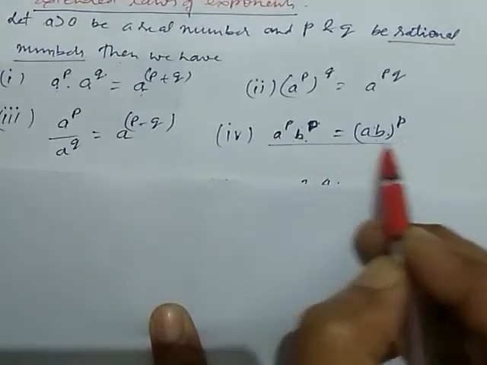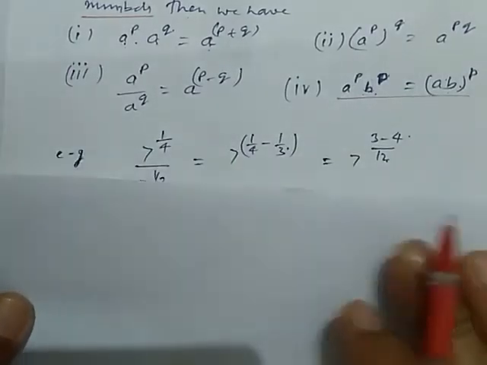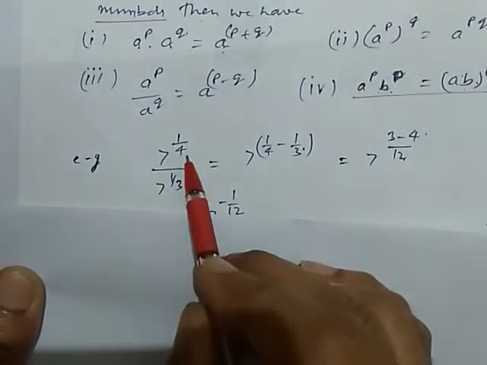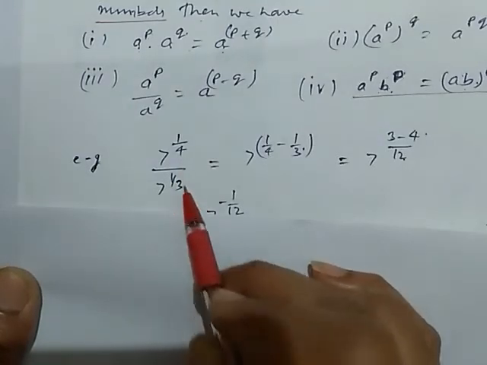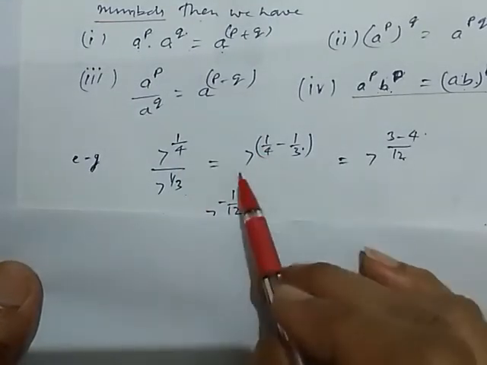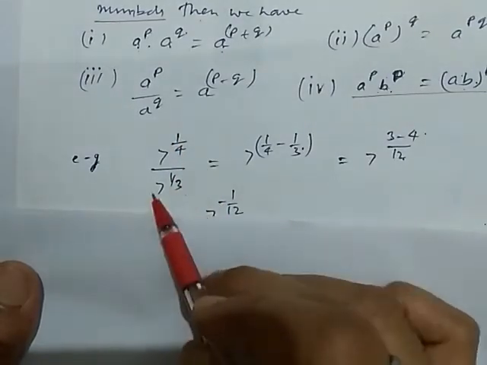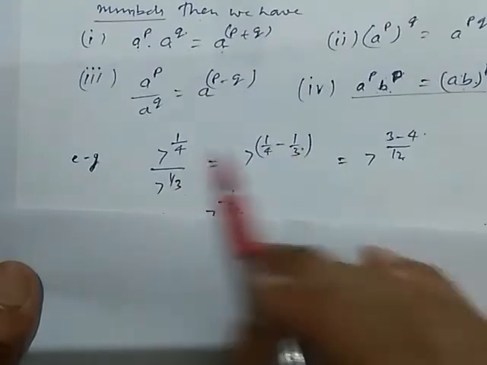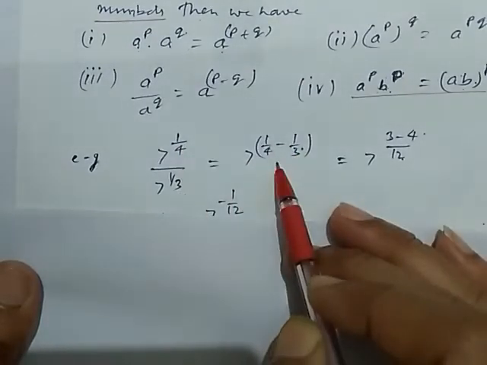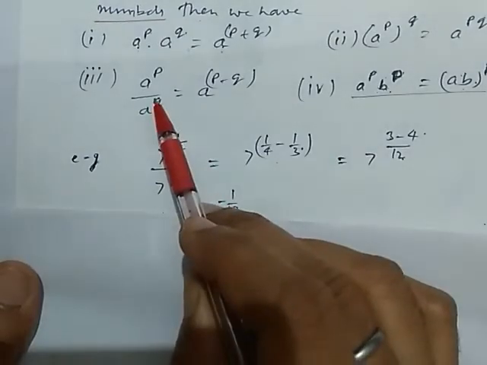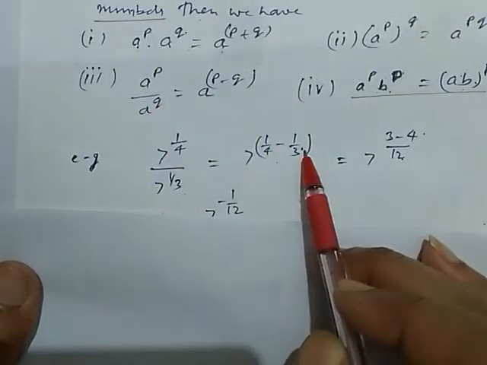So remember this. We take the example 7 raised to the power 1 by 4 over 7 raised to the power 1 by 3. This is m, this is n, so we put m minus n. Or you can assume this is p, this is q, so p minus q.